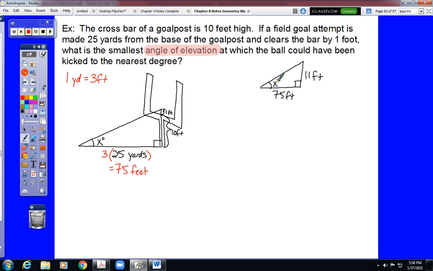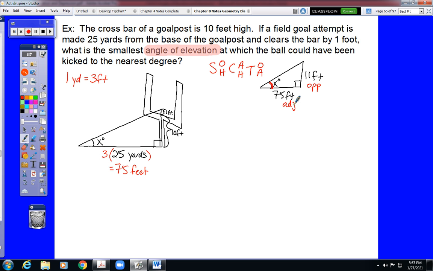So just like all the other SOHCAHTOA problems that we have done, we need to figure out whether this is a sine, a cosine, or a tangent problem. Now I will say that we tend to use tangent a lot more often in these types of problems than we do sine or cosine, but it is not a foregone conclusion that it will always be tangent, so you've got to be sure that you check.